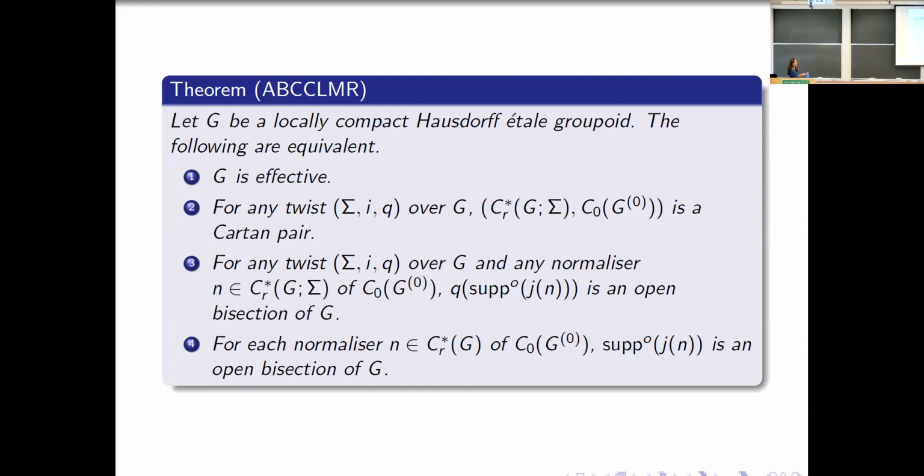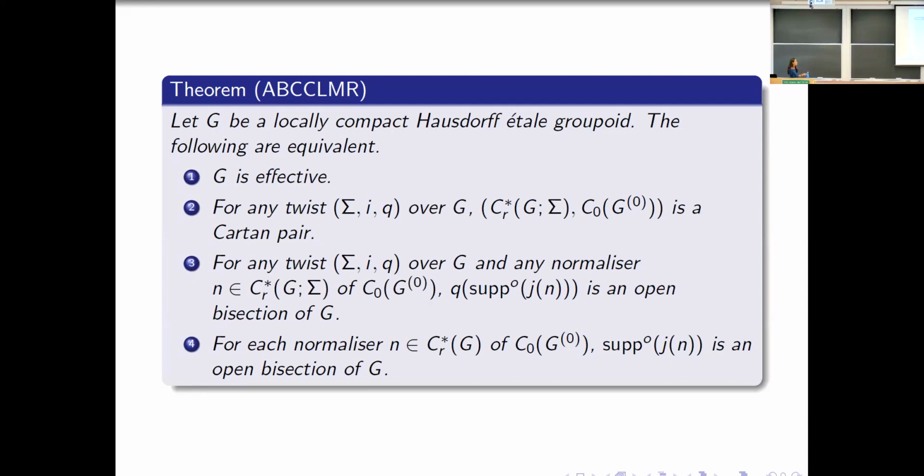This simply means that if I pick any normalizer from my C-star algebra, then look into the open support of such a normalizer, it's always an open bisection. Not only that, even when we look into the non-twist version, in the sense I can even just forget about the twist over the groupoid, once I start with an effective groupoid, then we know that it's equivalent to check that every normalizer from the reduced groupoid C-star algebra has an open support that is always an open bisection.